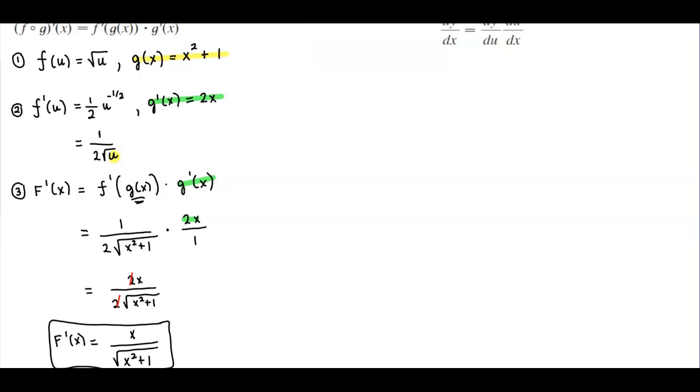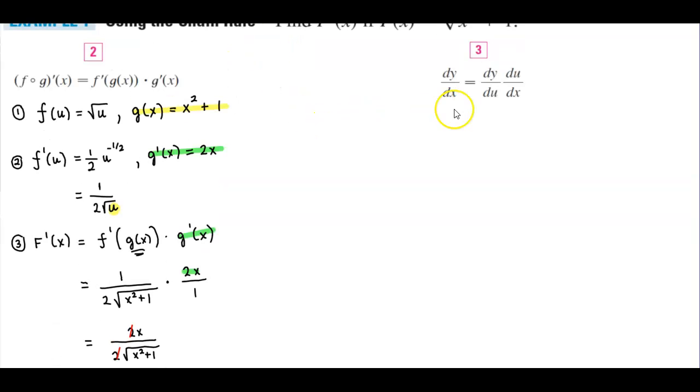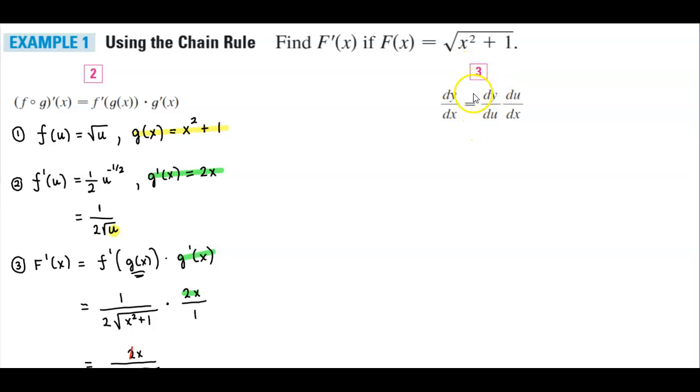Okay, now if we want to look at equation number 3, which is dy over dx, which is equal to dy over du times du over dx. So let's go ahead and talk about our first step here.